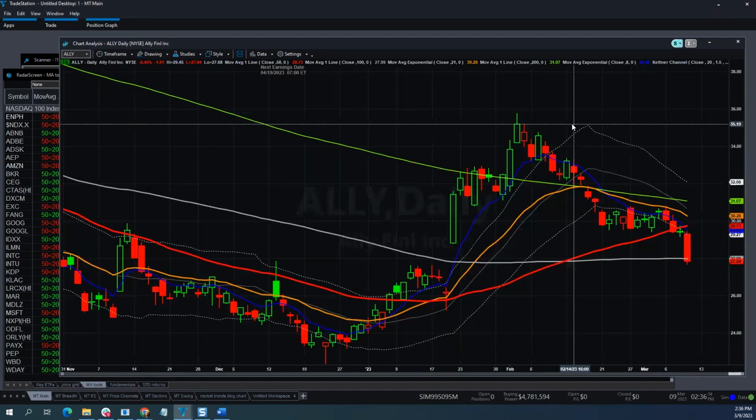So they're basically doubling down, looking for this thing to go to new lows. Ally Financial does car loans, and I think they probably do credit cards and such, but there's now a spreading narrative that we're going to see credit card defaults pick up. That's just one of the things that's out there. I wanted to share this.